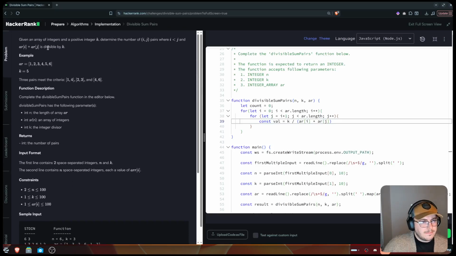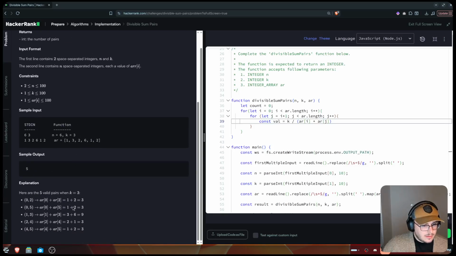Oh, interesting. Is divisible by k. So sample output's 5, n is 6, k is 3. Oh, k is 3 here. Okay. So k is 3. We have 3 divided by 3, 9 divided by 3, 3 divided by 3, 3 divided by 3. So that all works.